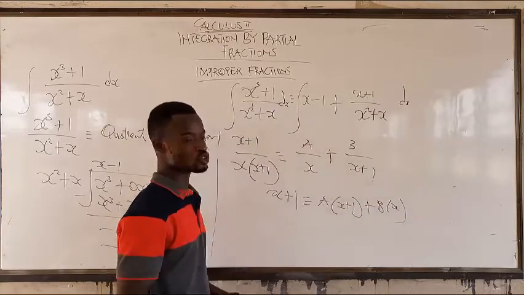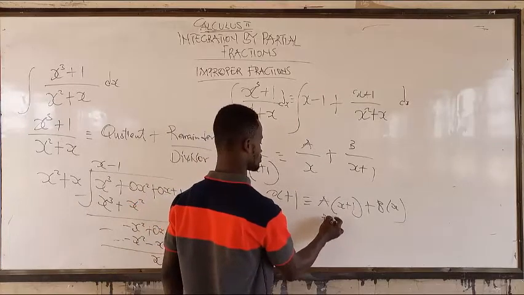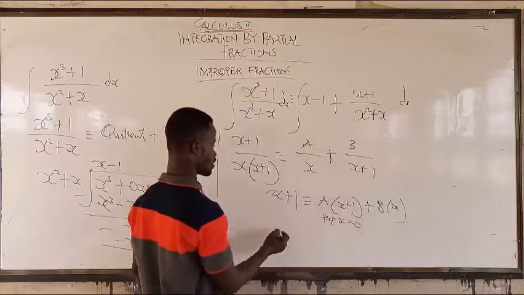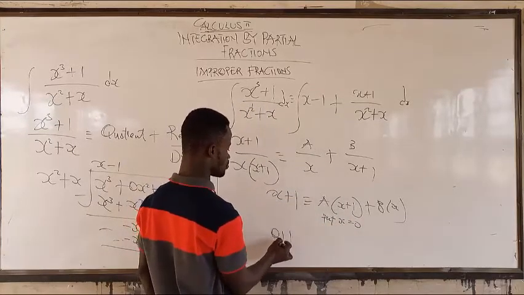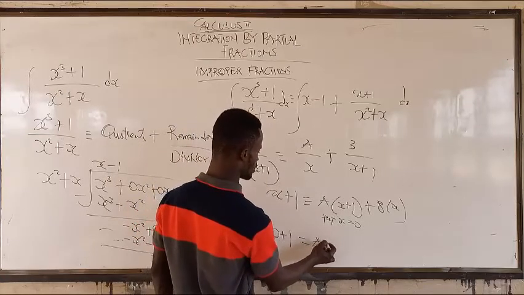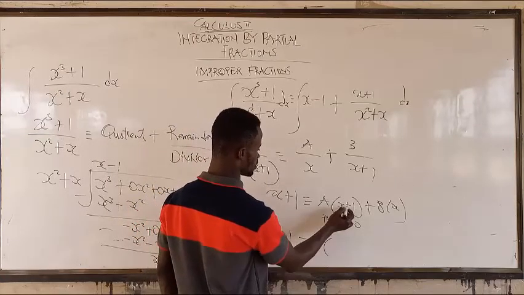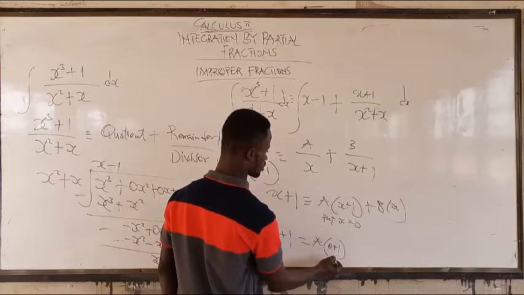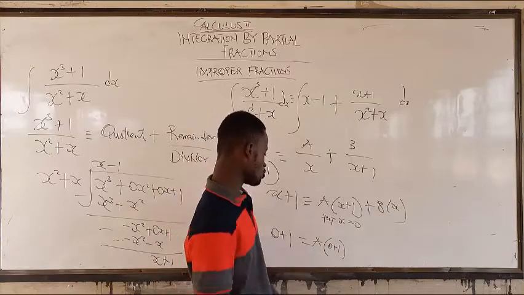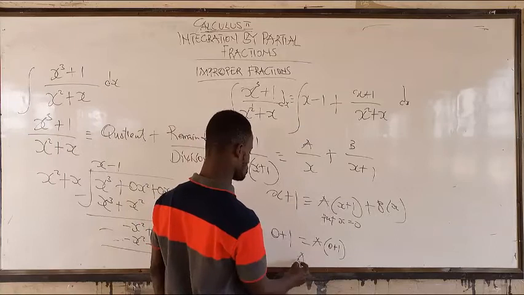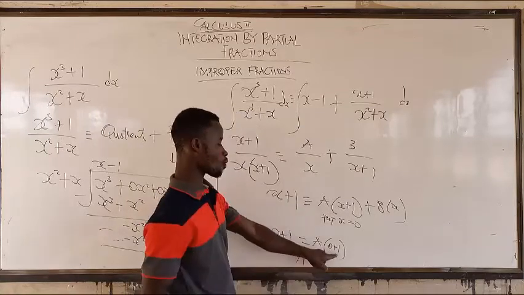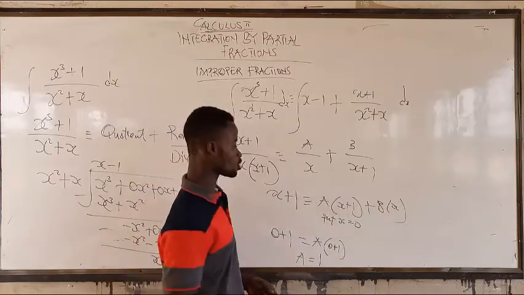When you put s equal to 0, we get 0 plus 1 is equal to a times 0 plus 1, and here b will go. So we get a equal to 1.